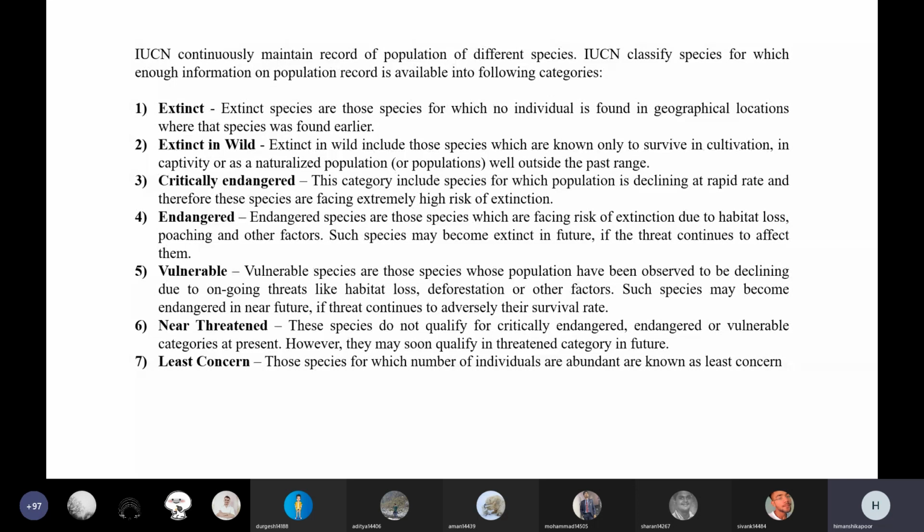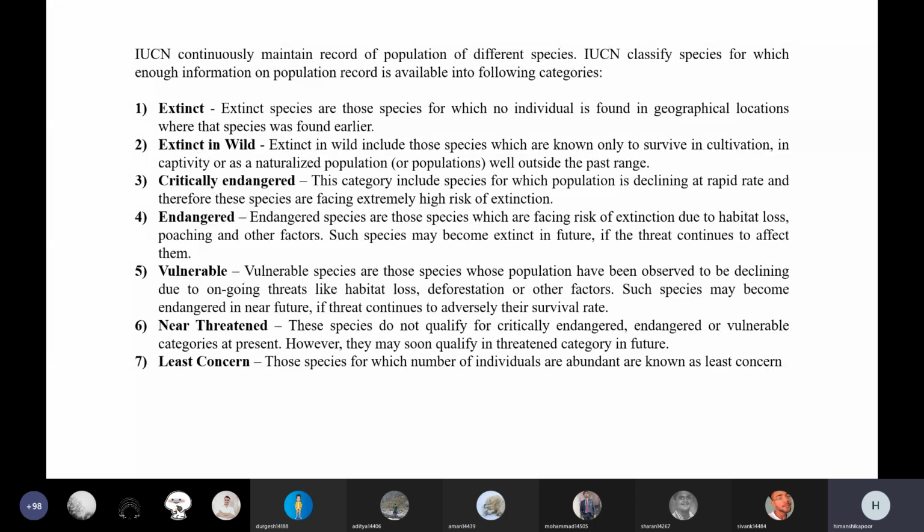If these species are left unchecked, they will become endangered, then critically endangered, and eventually extinct. If the threat continues adversely, their survival rate will decline further.